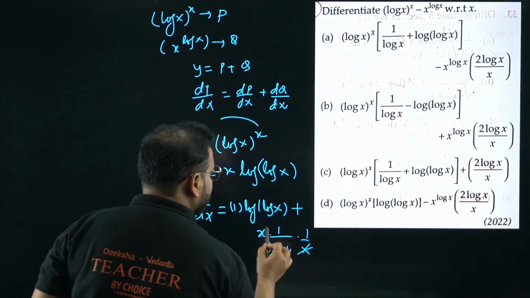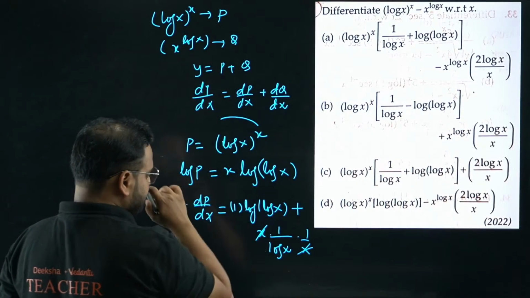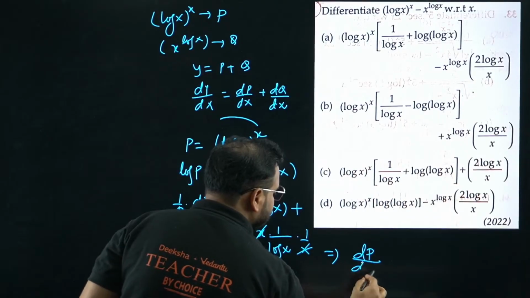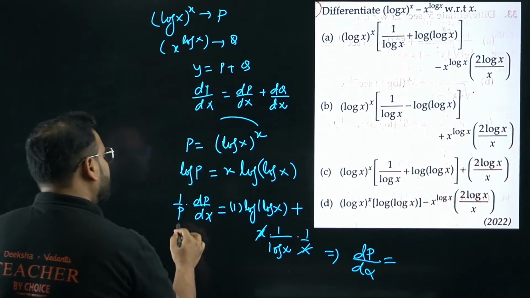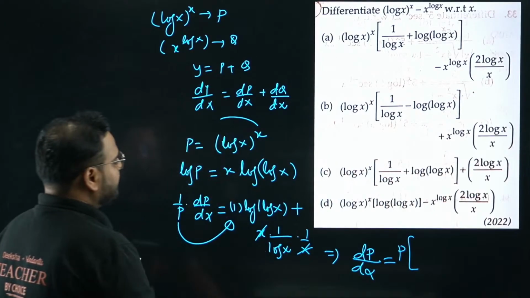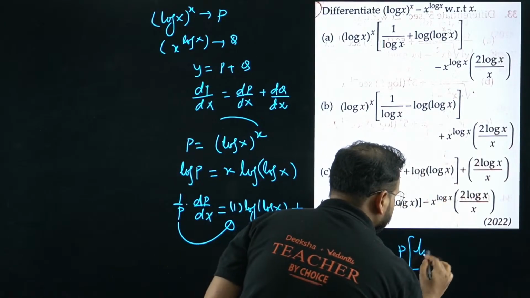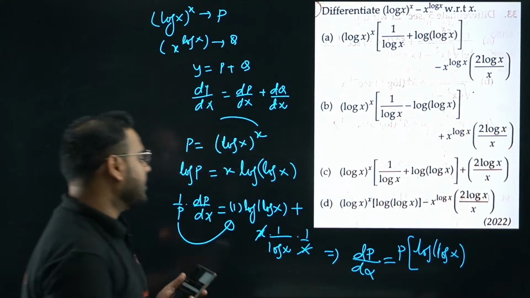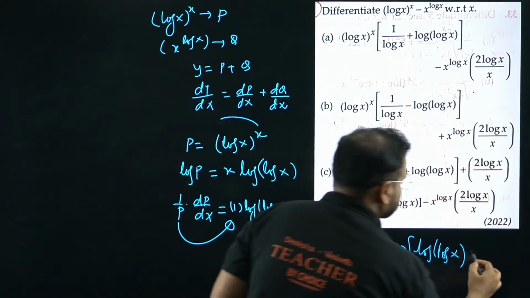So this x and x will be cancelled. I'll write it over here only. I'll have dp by dx, very simple. I can move this p to this side, so it becomes simply p outside the bracket. And inside I have log of log x, plus 1 by log x.